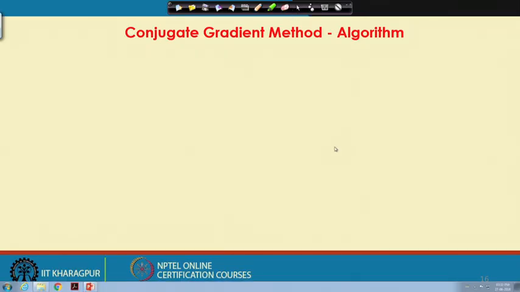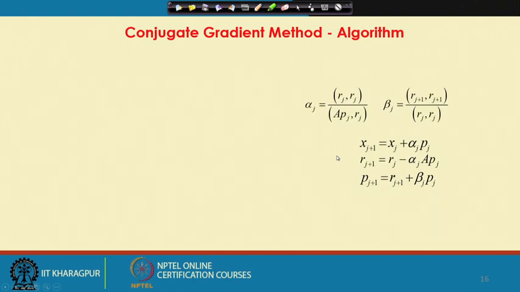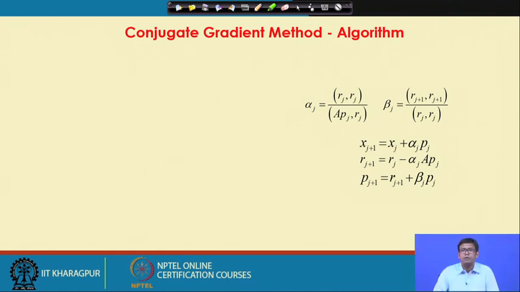So, if we summarize what we have found out, the crux of alpha and beta at any iteration stage, for any particular basis of the Krylov subspace, is: alpha is r_j dot r_j divided by A p_j dot r_j, and beta is r_{j+1} dot r_{j+1} divided by r_j dot r_j, where r_j is the residual and p is the auxiliary vector.